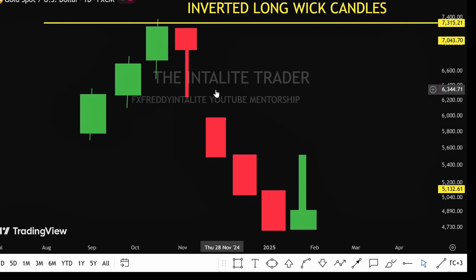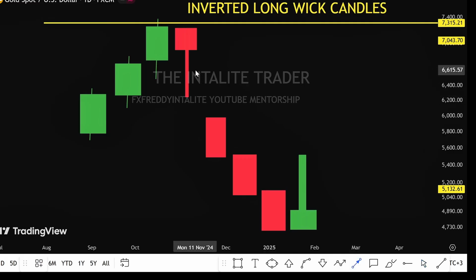What is the price action? What does the trading psychology tell you? That is the most important thing. You don't have to cram it as an inverted hammer. You don't have to cram it as a shooting star. The most important thing is to understand the price action psychology of why it has happened. Which trading psychology does it tell you?